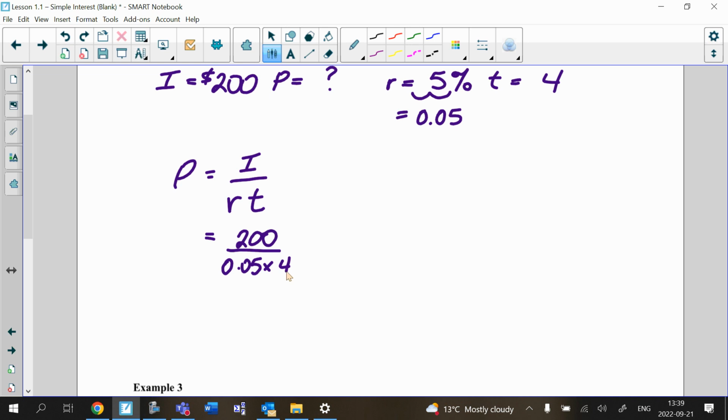So 4 times 0.05 will give you 0.2. And then 200 divided by 0.2 using a calculator will give you $1,000. So there's an example where the principal was unknown.